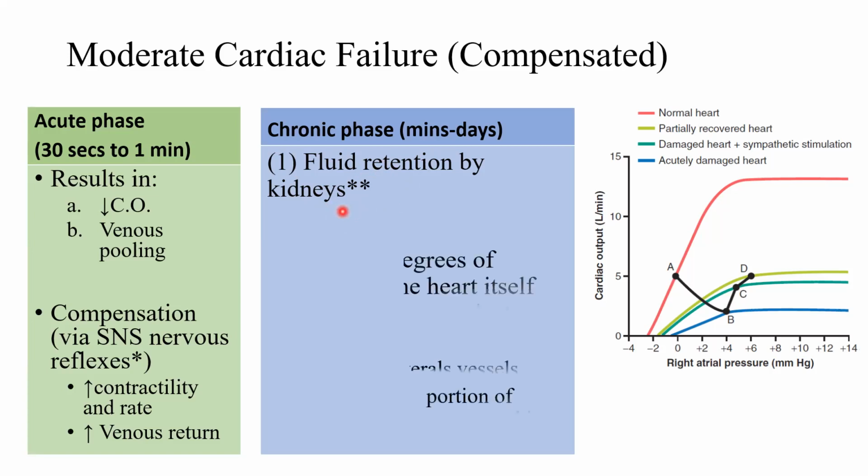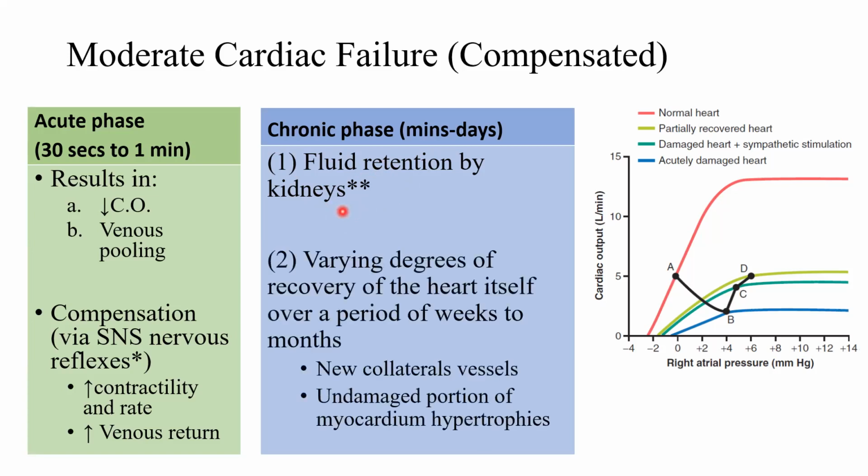The second point of chronic phase or chronic compensation is the heart recovery itself. So for example, the heart was faced with an infarcted area. What to do now? If you notice, all of these are secondary things. This is beating about the bush in that sense. It saves lives, okay? I'm not undermining these things.